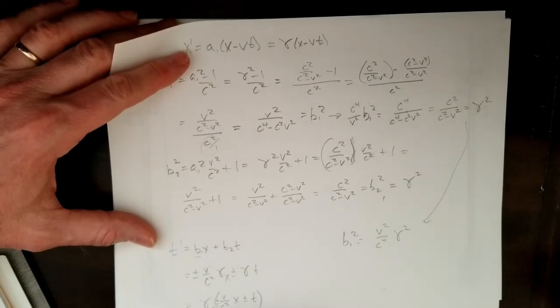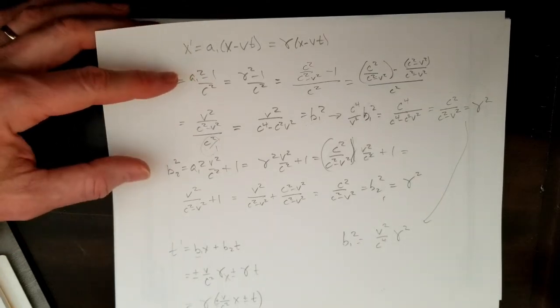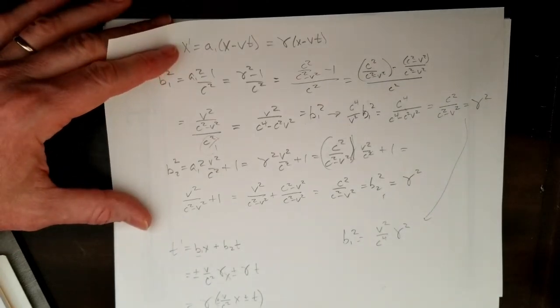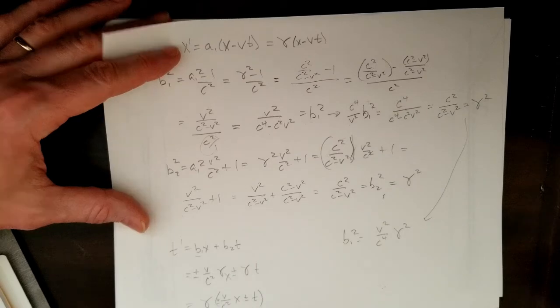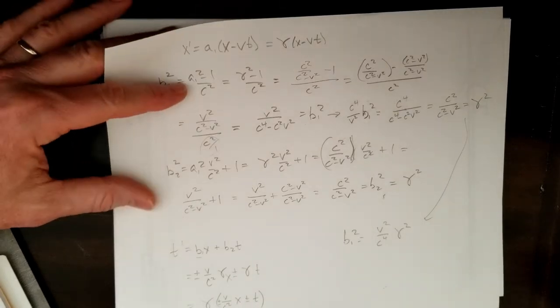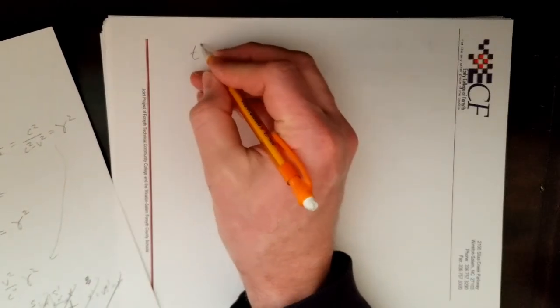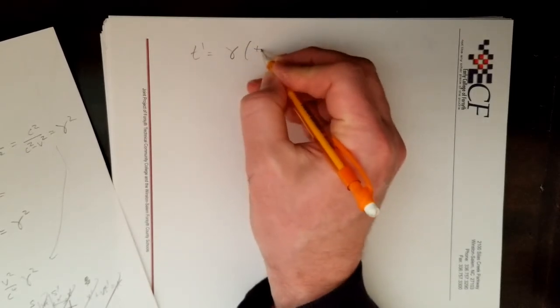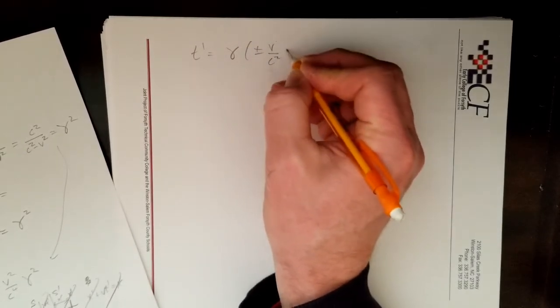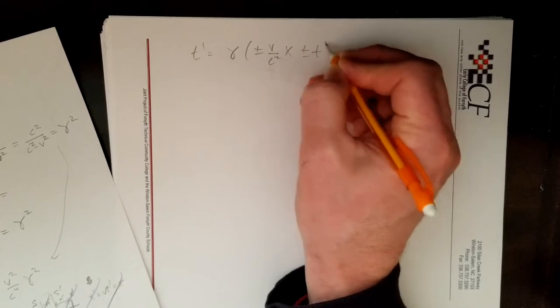So is it positive or negative? That's the part that we now have to figure out. Recognize that if the speed is small, we should still get Galilean relativity. We have t prime equal to gamma times plus or minus v over c squared x plus or minus t.